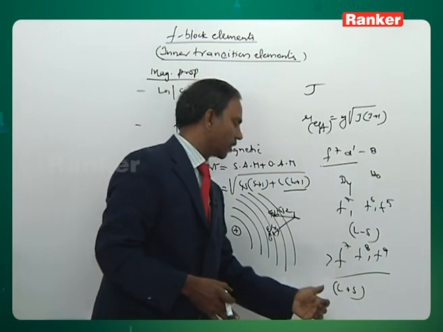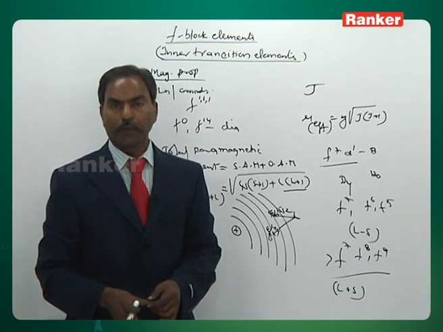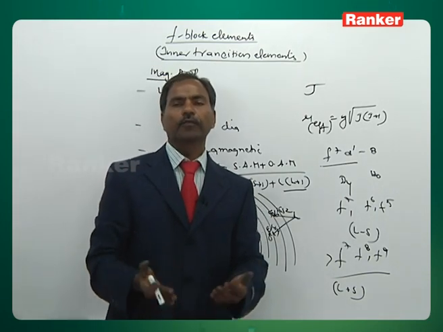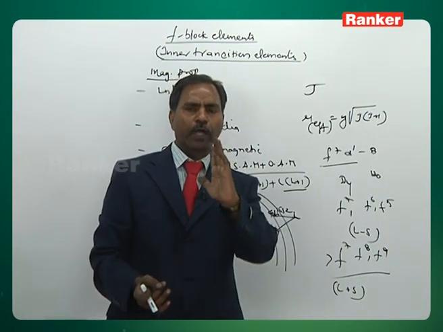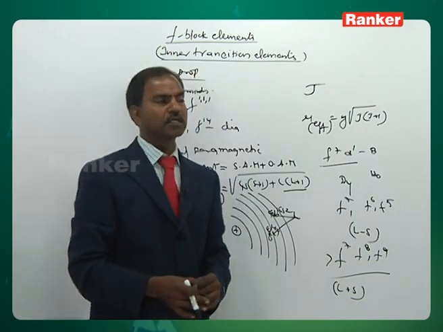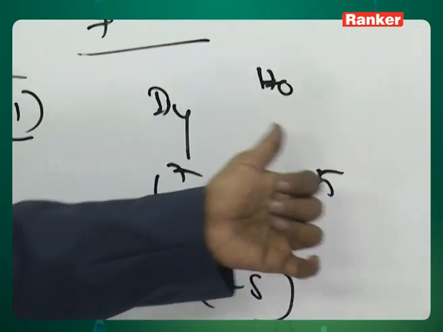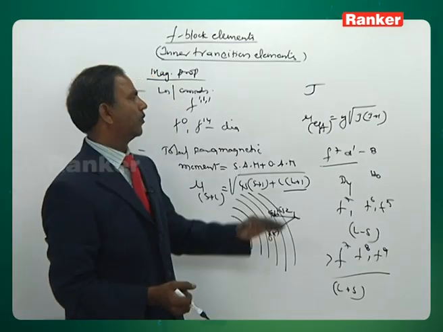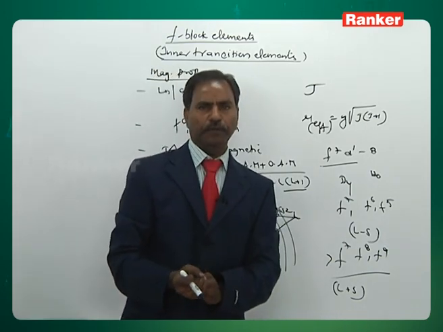Therefore, it is considered L plus S. Because of this reason, even though gadolinium carries the maximum number of unpaired electrons, it exhibits less paramagnetic moment among the lanthanides. The highest paramagnetic moment among the lanthanides is observed in dysprosium. Second is holmium. This is about the magnetic properties of the lanthanides.